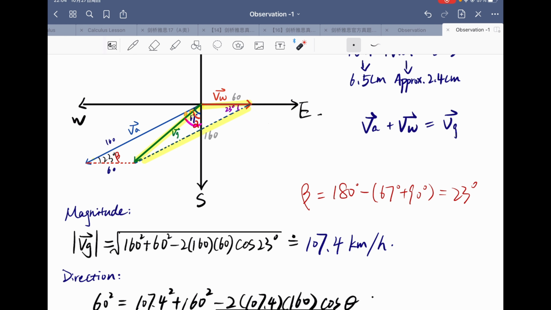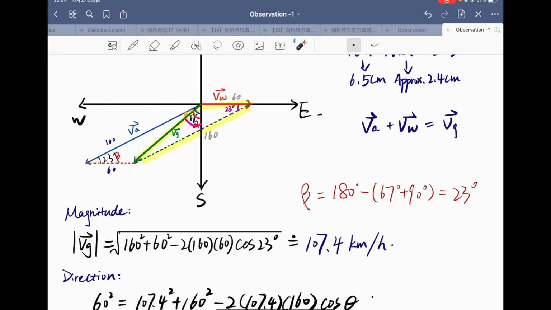First I have to draw a dotted line parallel to vector VA and a dotted line parallel to vector VW. After doing this, we make a parallelogram and we have to ensure my vector VG's tail is attached to the other tails, and the head is at the opposite corner of the parallelogram. So I get this arrow. This is my vector VG here.